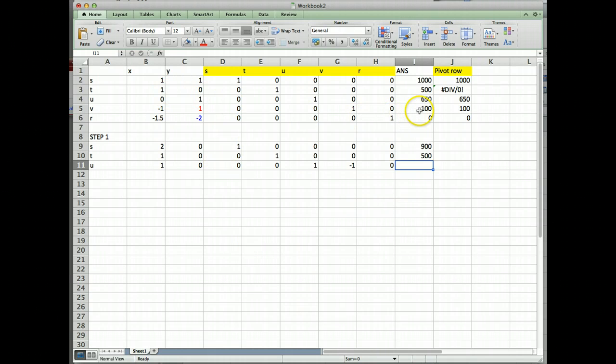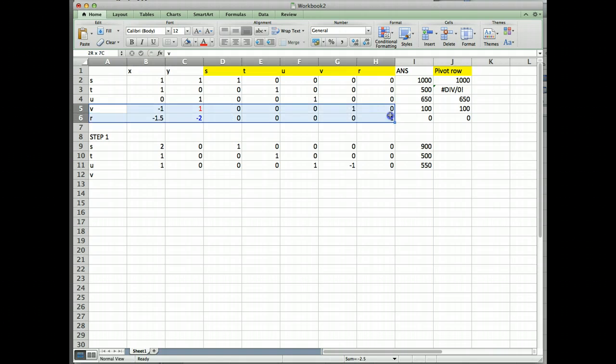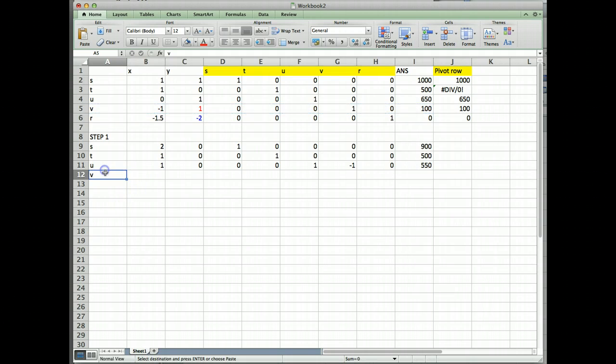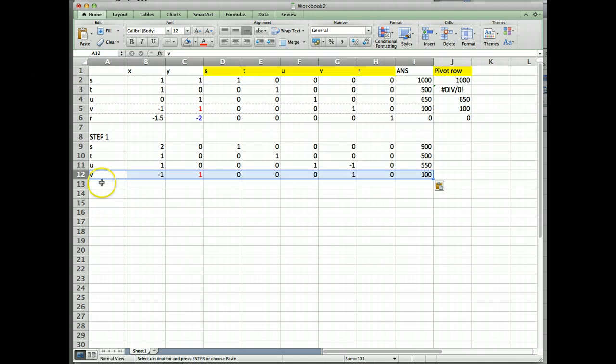Negative 1 times 100 plus 650 is 550. Oh, not 550. There we go. Now we'll do our V column. Our V column is actually going to stay the same, the V row, because that's a pivot row. So I'm just going to go ahead and paste that.